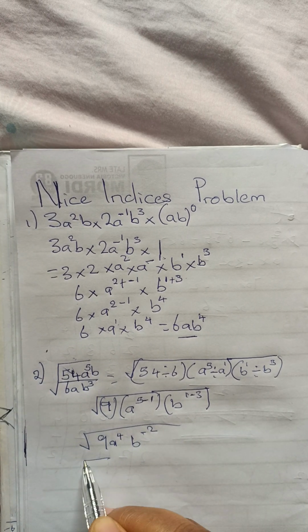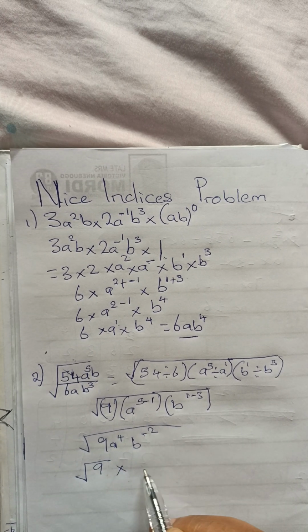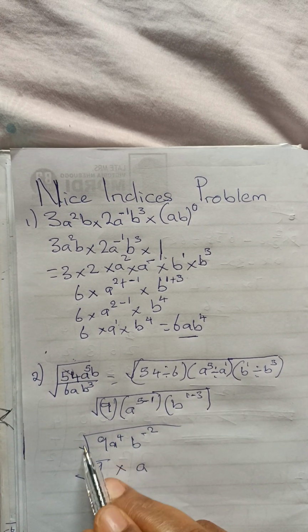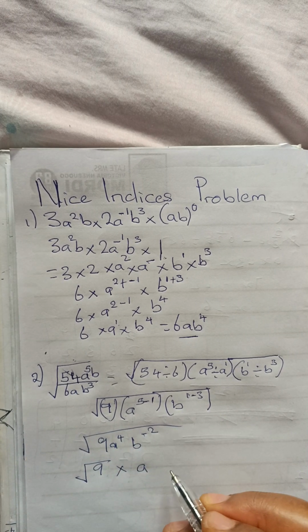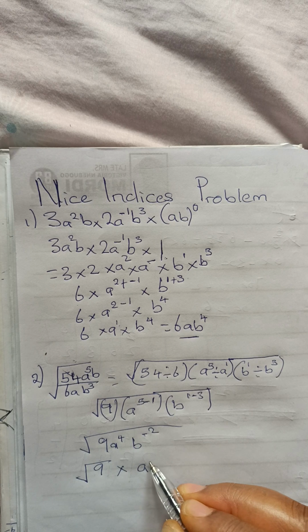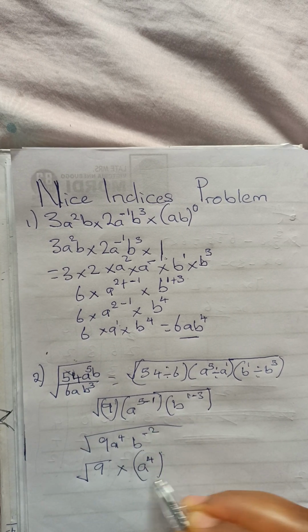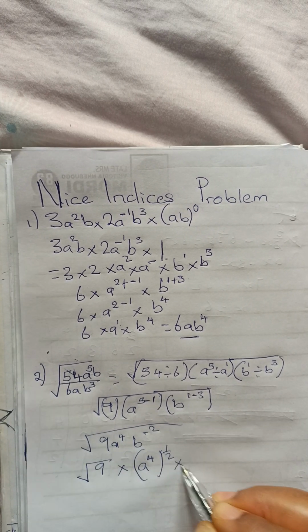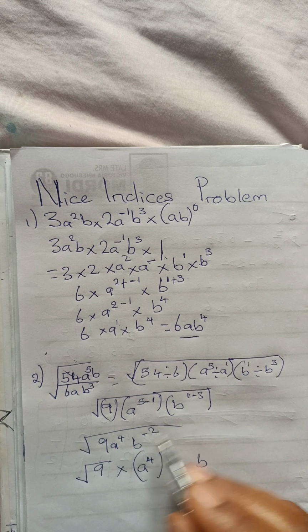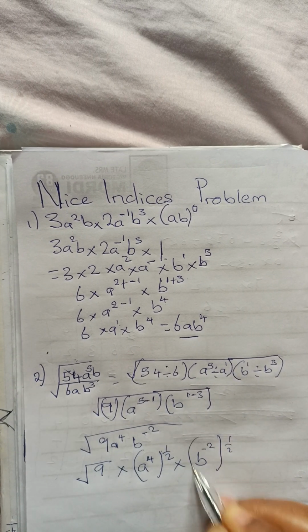So what do we have? We have our 9 times a, because a is leaving this root, becomes, we turn it into this a raised to the power of 4. A raised to the power of 4 becomes 1 over 2, 1 over 2 times b raised to the power of minus 2, 1 over 2.